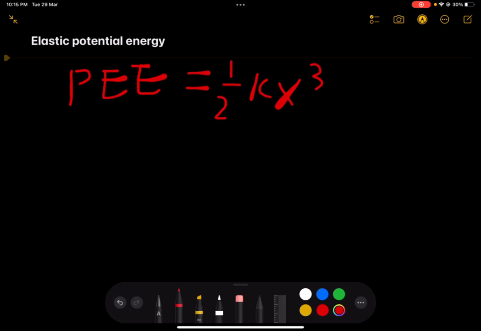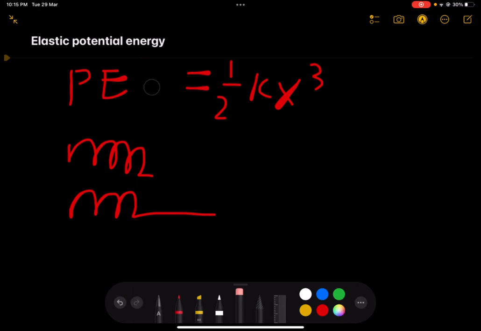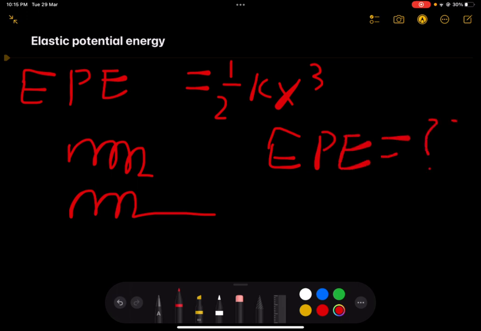So let's take an example. If you have a spring, then you want to stretch the spring, it becomes like this, correct? Then it tells you, find the elastic potential energy.